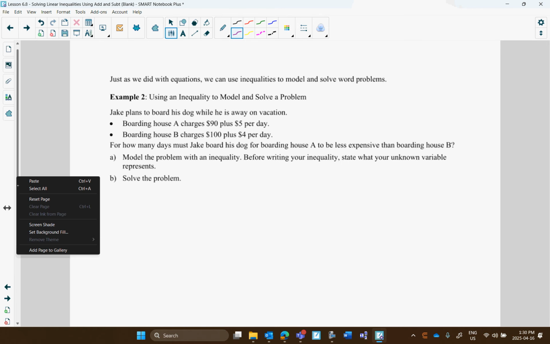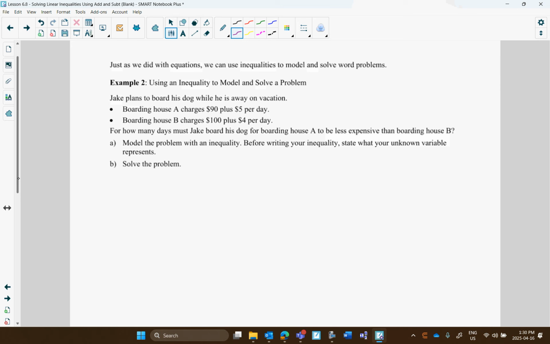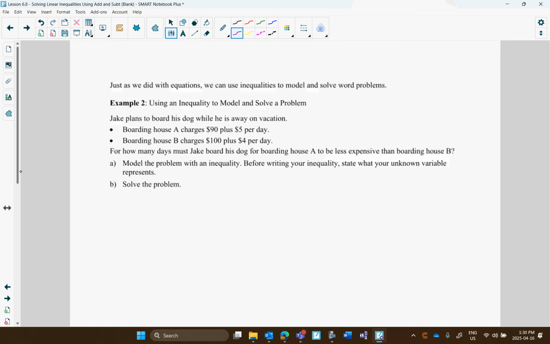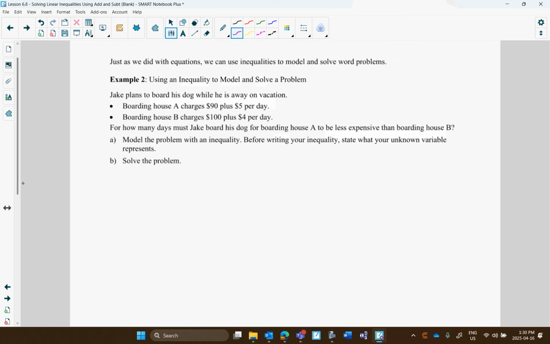Finally, a word problem, just like we did with equations, except now we're not using an equal sign. We're using an inequality sign, depending on the question.